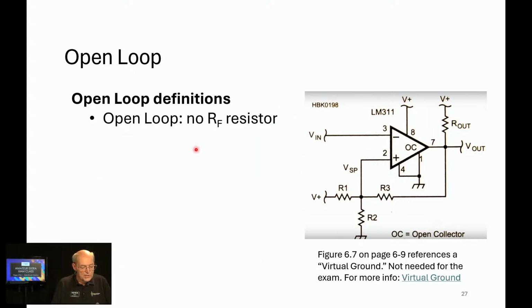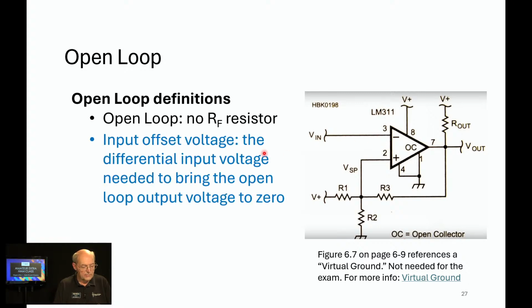So the definitions, I'll share a few. Here's the same circuit we just saw. For open loop, there's no feedback resistor. Also, a parameter that's measured in the open loop configuration is input offset voltage.